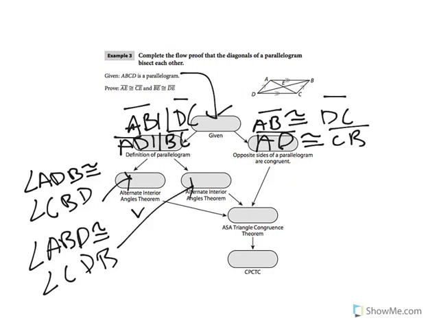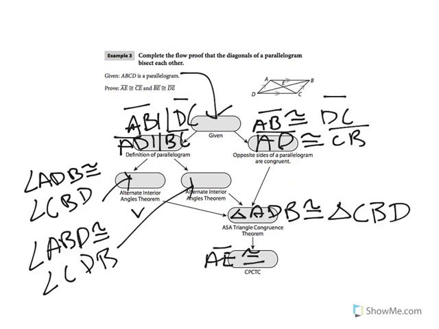Right? Okay, so then we can say that triangle ADB is congruent to triangle CBD by angle side angle. Then we can say that segment AE is congruent to segment CE, and segment BE is congruent to segment DE.